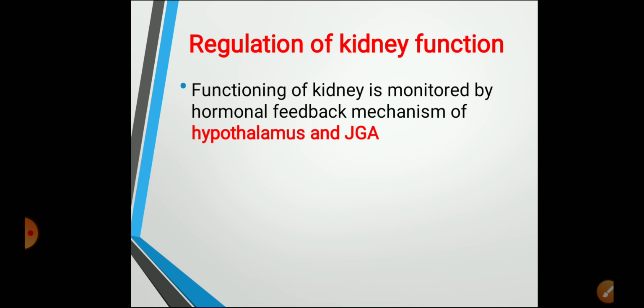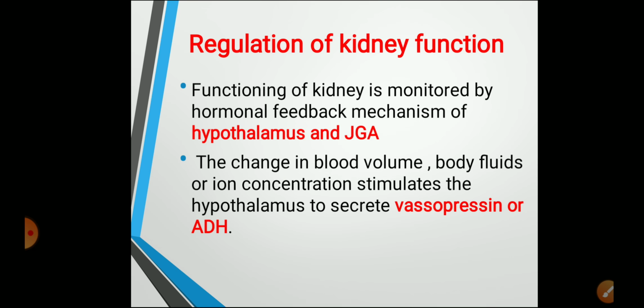Whenever there is a change in the volume of the blood or the volume of body fluids or ion concentration, the hypothalamus gets stimulated and it starts secreting a hormone by name vasopressin, also known as anti-diuretic hormone, which is written as ADH.